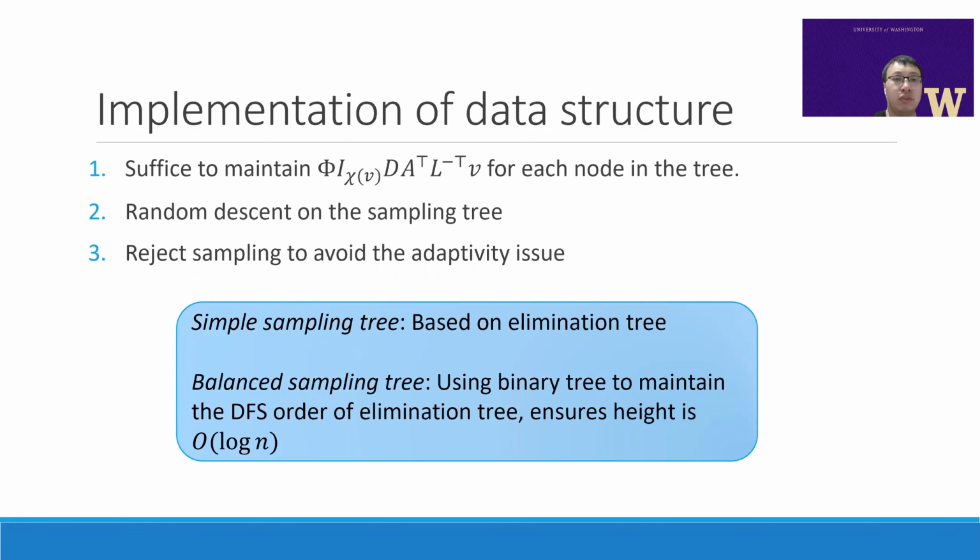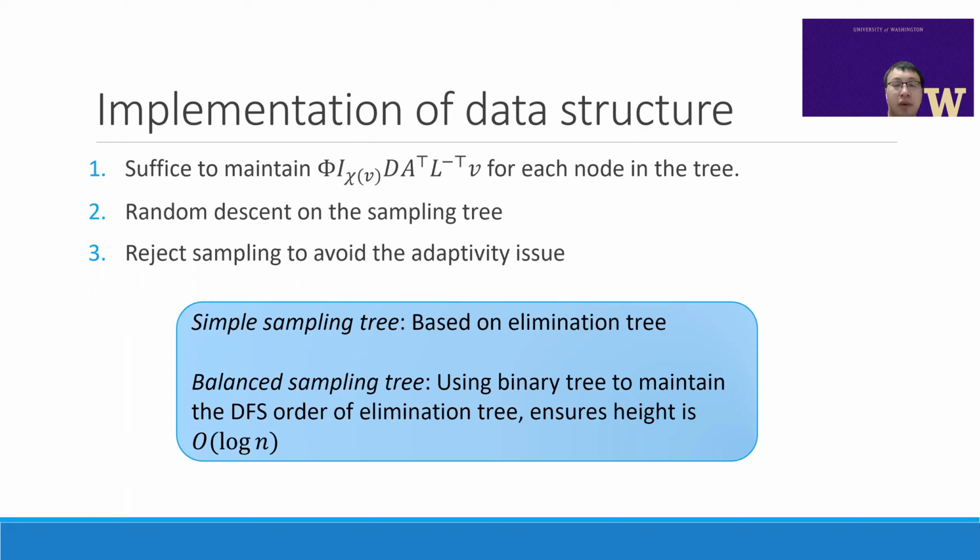In the paper, we give two different constructions of the sampling tree. One is what we call the simple sampling tree. This is directly based on the elimination tree, as you will see in the next slide. And there is another sampling tree, which we call the balanced sampling tree.